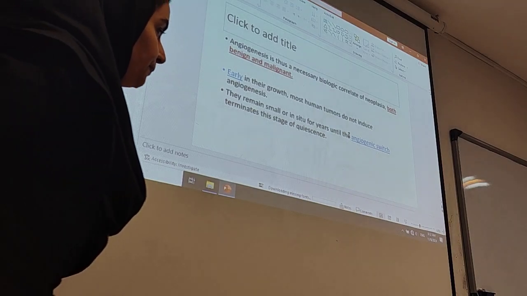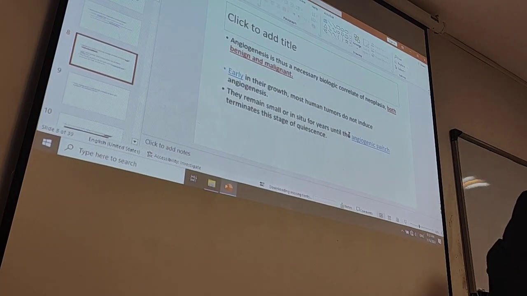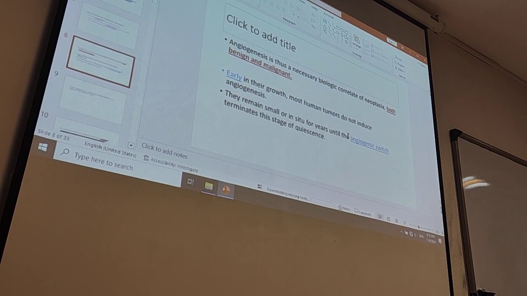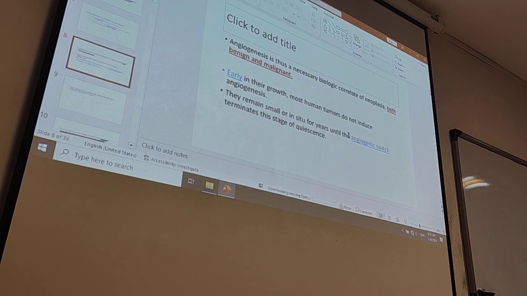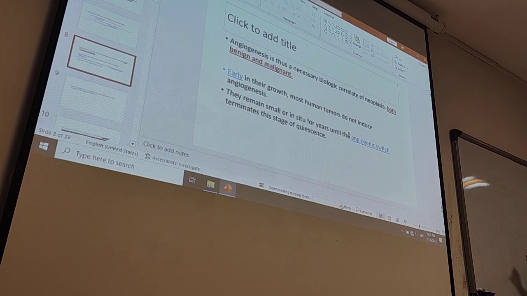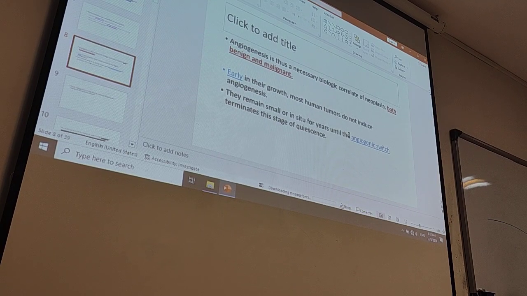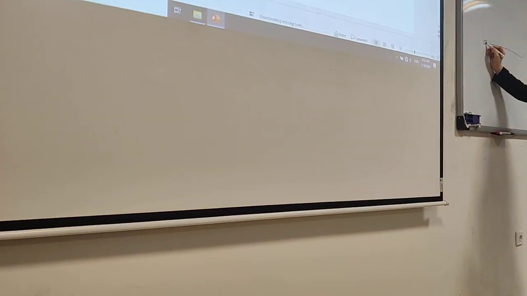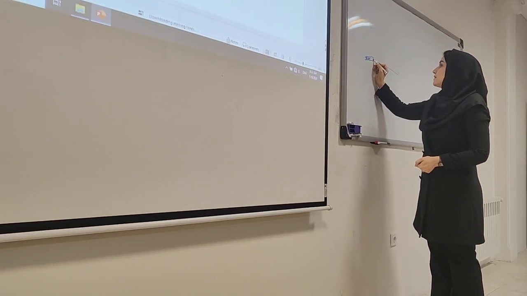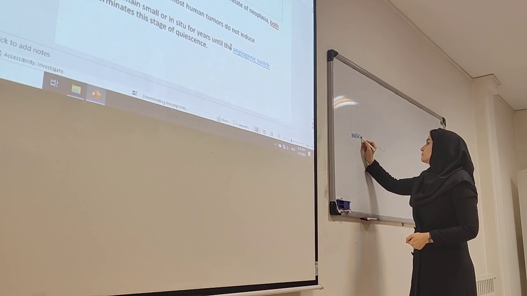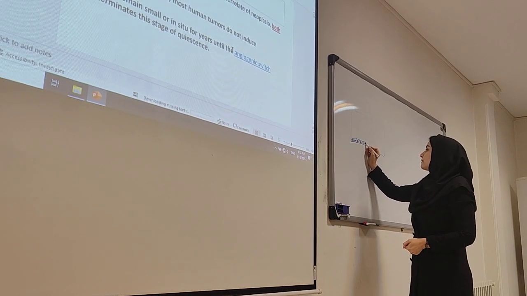For example, about the epithelial tumors, squamous cell carcinoma, for example. For squamous cell carcinoma, at first we have a normal squamous area, okay? The squamous epithelium is like this, you know? We have some basal cells like this.